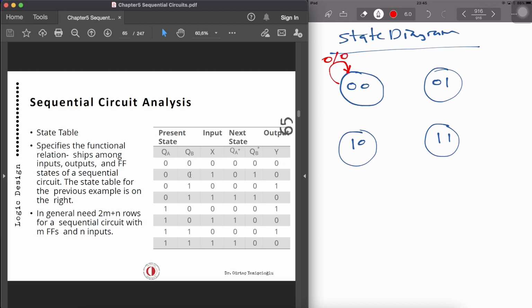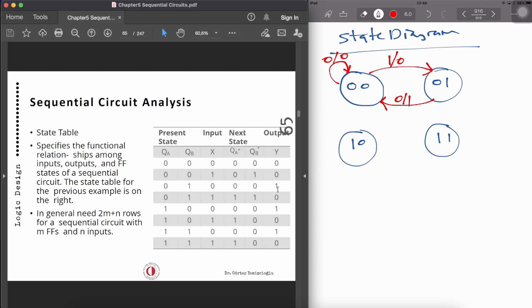So that means that's also going to be 0. Then, present state is 0 0, input is 1, next state is 0 1. So from here, when input is 1, I have to jump to 0 1, and the output is 0. Then, present state is 0 1, input is 0, I go back to 0 0, and the output is 1.